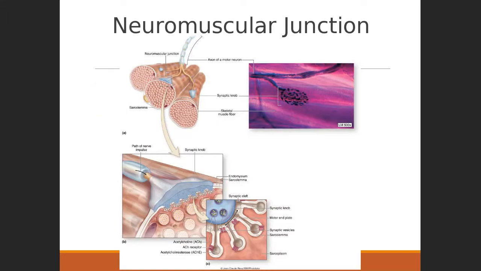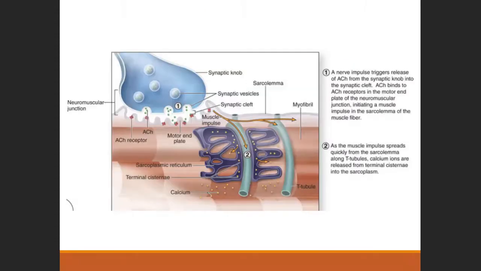We got a couple of different illustrations here, each one focusing on a specific part of what we're looking at. Here is our neuron. We got an impulse coming down the neuron towards the axon terminal and releasing acetylcholine into the synaptic cleft.